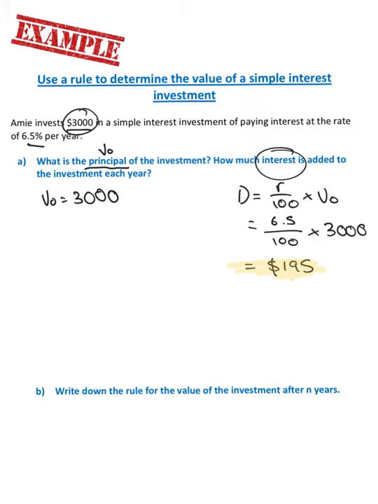Remember that our rule is Vn equals V0 plus Nd. We know our values, so we can place them in. Therefore, Vn equals 3,000 plus N times 195.